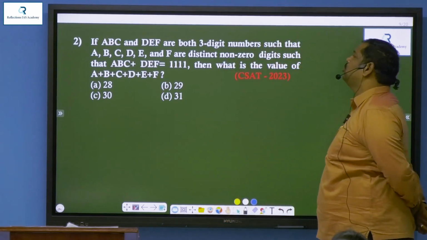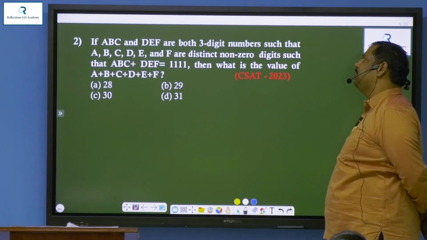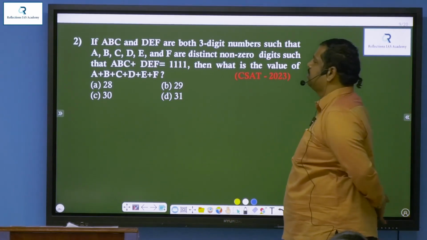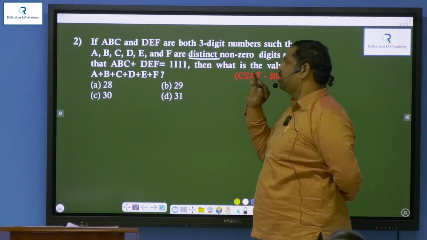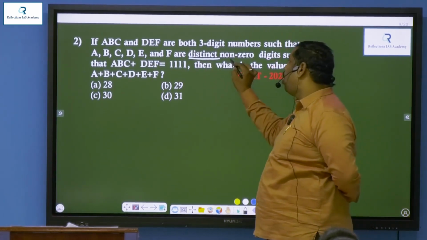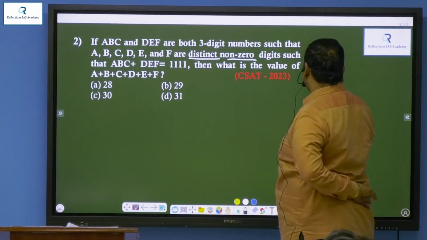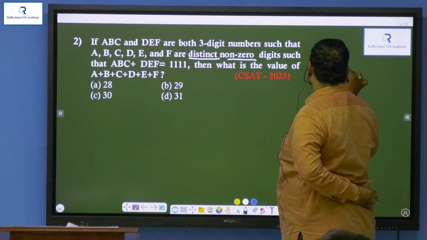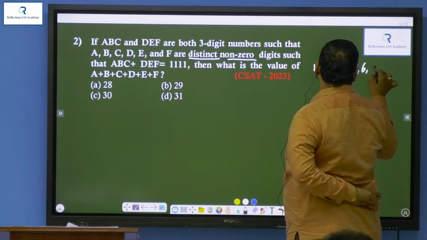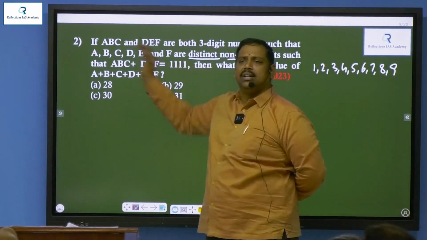So both are 3-digit numbers such that A, B, C, D, E and F are distinct non-zero digits. Distinct means no two numbers are same. All are different. And all are non-zero, means no zero. We have to think of only 1 to 9: 1, 2, 3, 4, 5, 6, 7, 8, 9. So in these 9 values, these are 6 different digits.